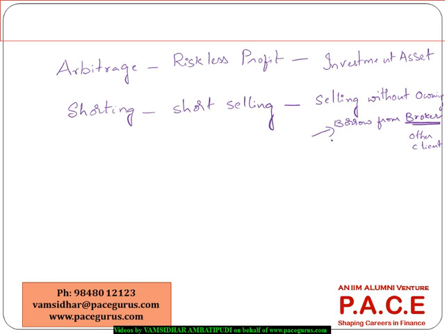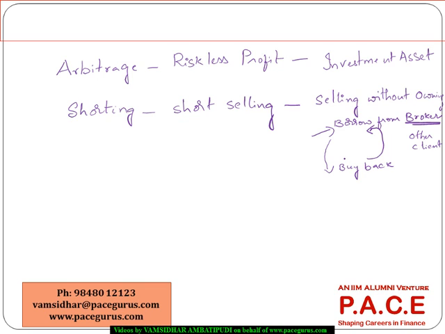And at a future date, I'm going to buy back those securities from the market and return them to the broker. If I am able to make a profit in it, that profit belongs to me. Otherwise, the loss belongs to me. So that is the typical mechanism of short selling.